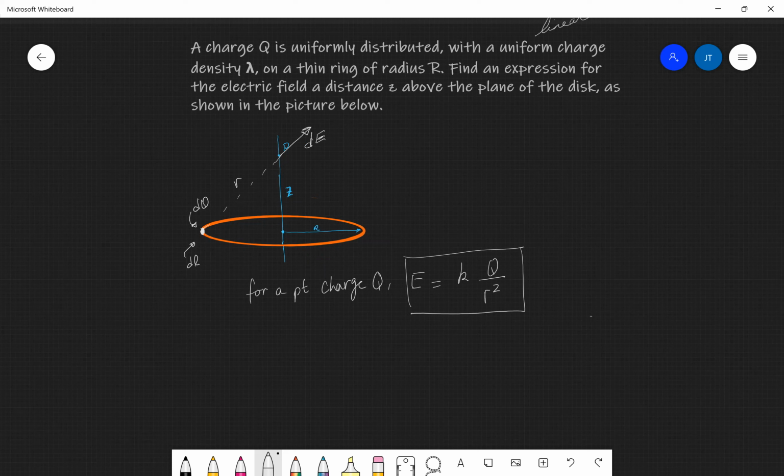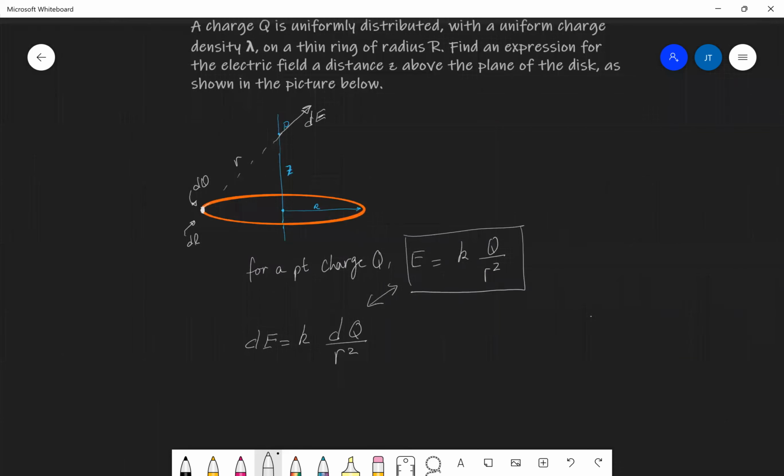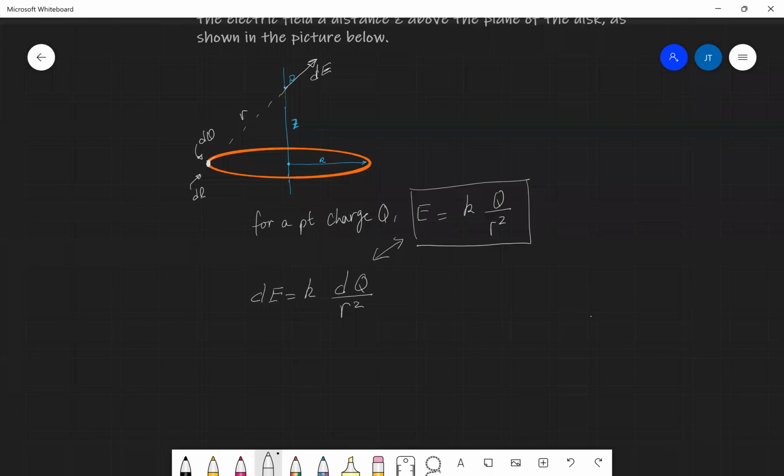So what is this element electric field, or this infinitesimal electric field? Well, the electric field came from dq, so the electric field is K, the charge that gave it, over the distance squared. And the distance here is r. Similar in form to this one. All right, let's work some more. Now, what is dq? I'm given the total charge to be Q, but not this little dq.